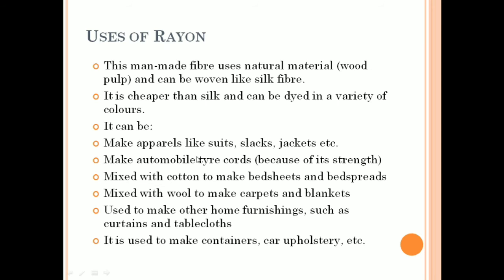Now let's see what it is used for. It can be made into apparel like suits, slacks, jackets, etc. It is used to make automobile tire cord because of its strength. Mixed with cotton, it makes bedsheets and bedspreads. Mixed with wool, it makes carpets and blankets. It is used to make other home furnishings such as curtains and tablecloths.